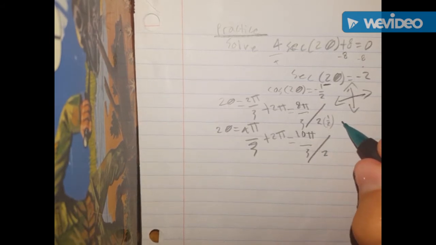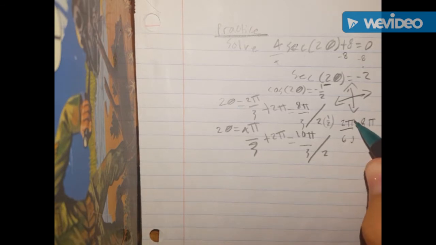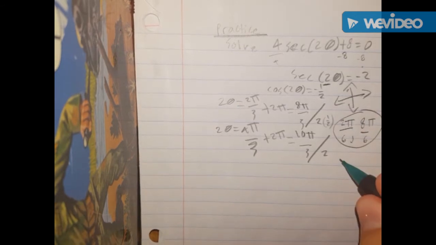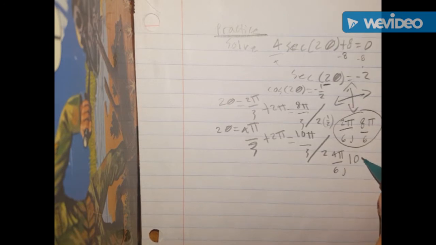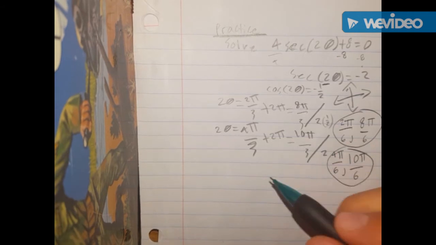And up here we're going to get 2 pi over 6 and 8 pi over 6. And then down here we will get 4 pi over 6 and 10 pi over 6. And these are the solutions, but we can reduce them.